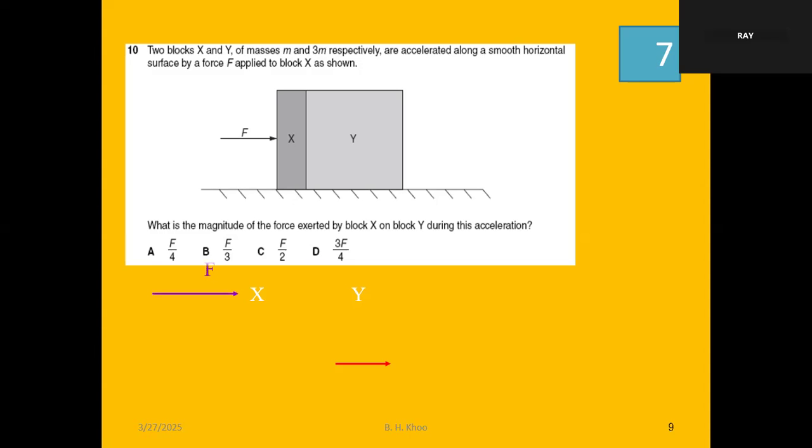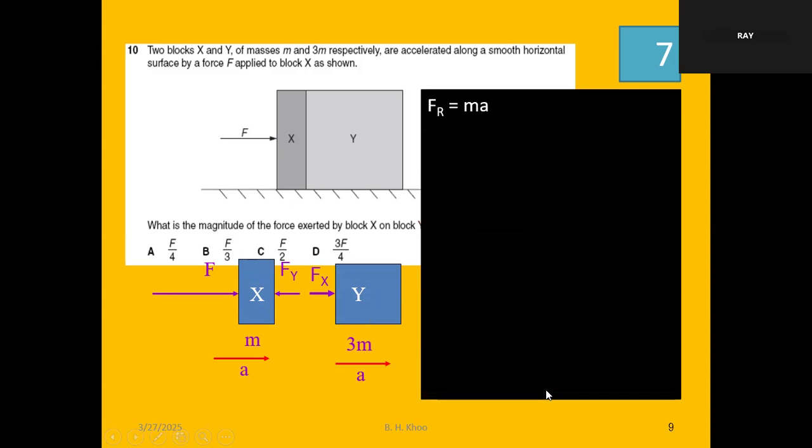Split it out. X, mass m, acceleration a, Fy and Fx. Split into block X and block Y. Y is 3m, it's given here. X is m. So use Newton's second law. Resultant force is ma. Look at the total block with the applied force. Find the acceleration.